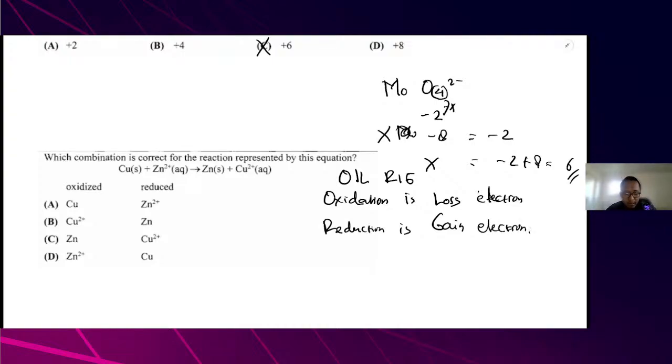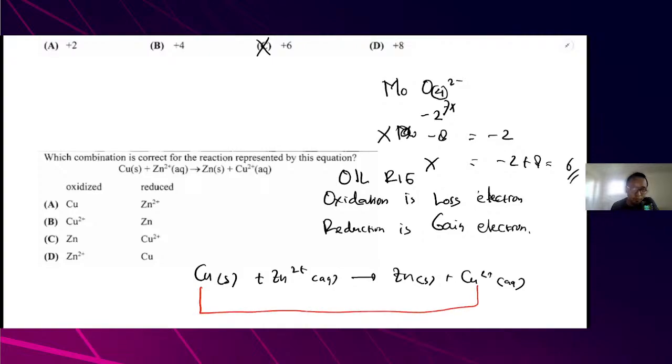Let's take a look one by one. The first step is to assign the oxidation numbers: Cu in solid form, Zn 2 plus in aqueous form, Zn solid, Cu 2 plus aqueous. Now let's look at Co going to Co 2 plus.